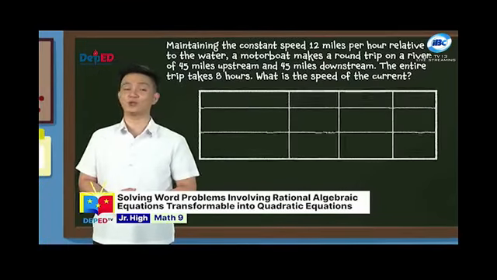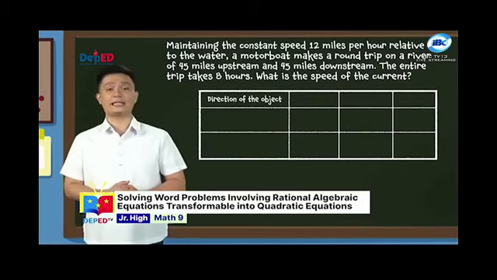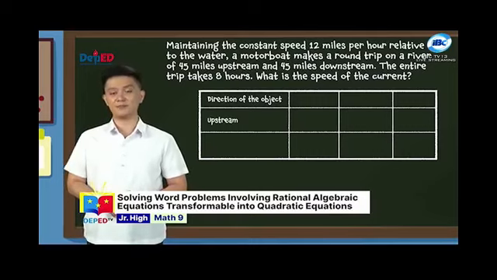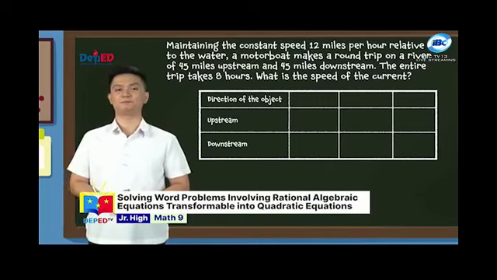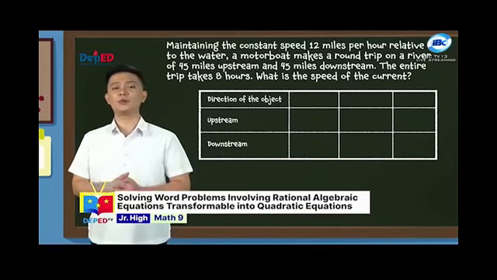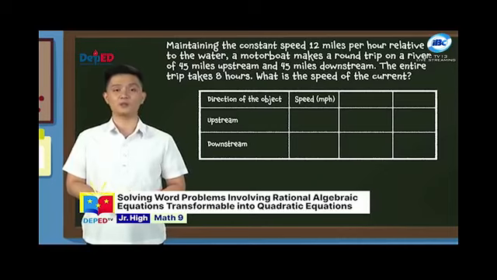Just like what we did in problem number 1, we will first identify the two directions or paths taken by the object. And these are, of course, upstream and downstream. Then, we record in the table the speed of the object as it travels in each direction.